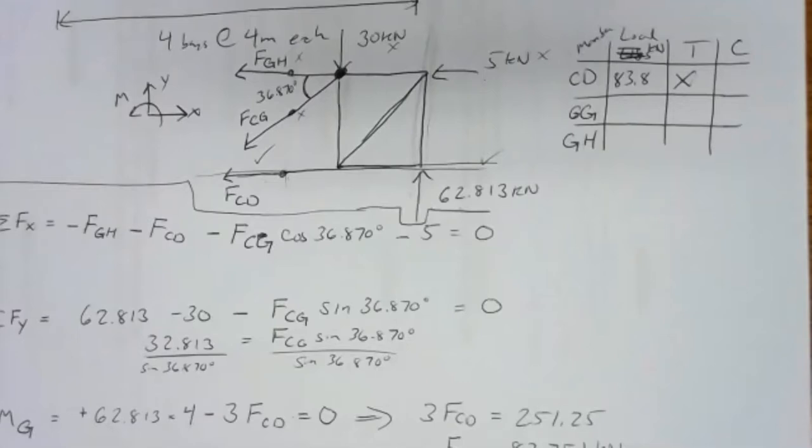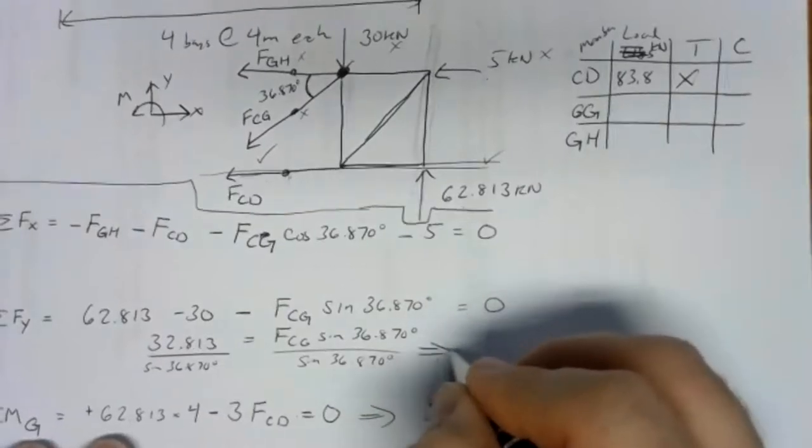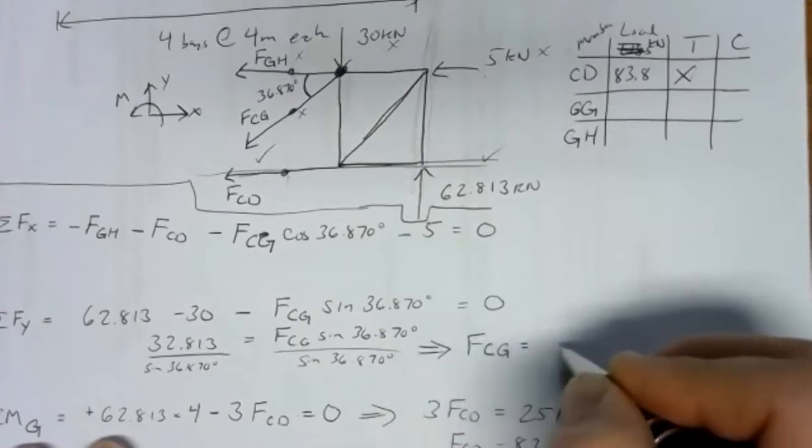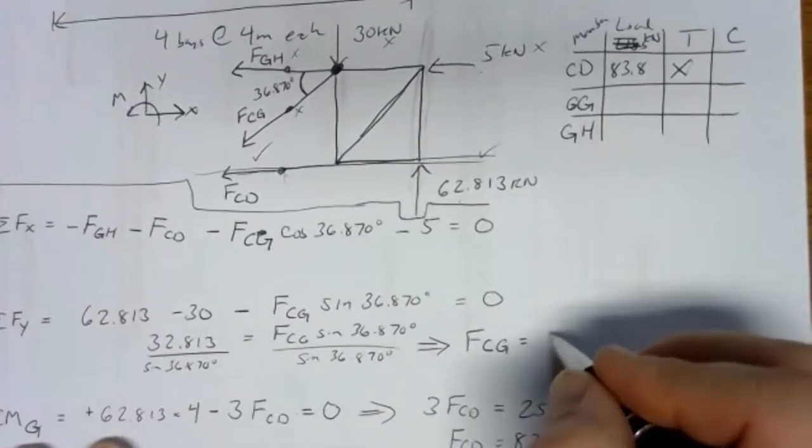We've got 32.813 divided by the sine of 36.870. That gives us 54.688. So FCG is 54.688.